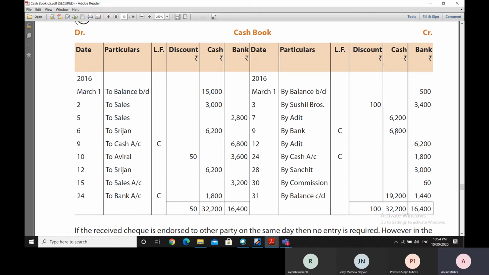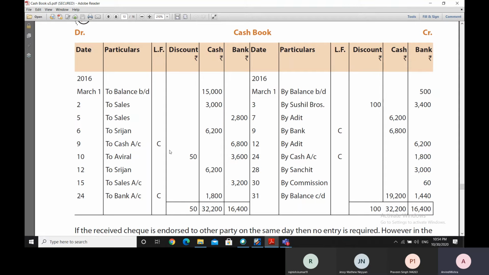The cash is taken, 6,800 rupees, in terms of contra entry here, and this cash is deposited into the bank, and this is a payment, and this is a receipt into the bank here, 6,800 rupees in the bank column.